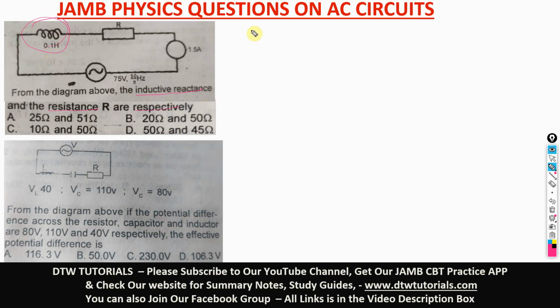Remember, the inductive reactance formula, as I've said earlier, is XL equals ωL, which is also 2πfL. We've been given our frequency, and L is the value for the inductor, 0.1.